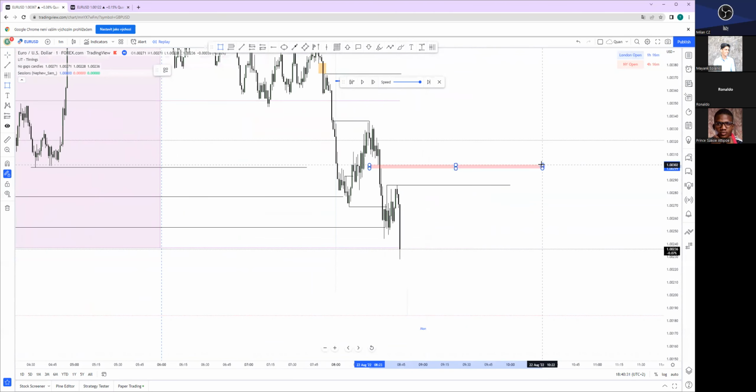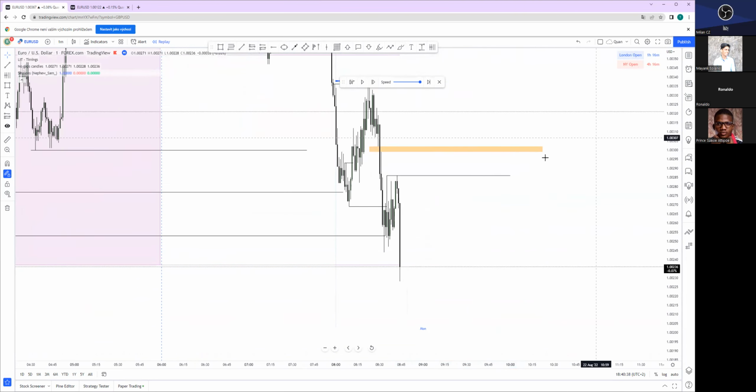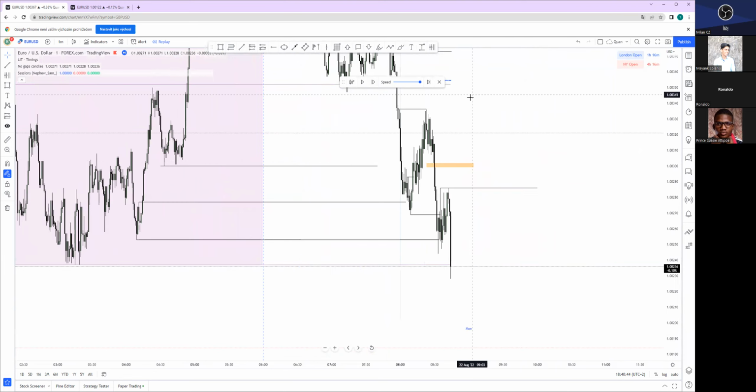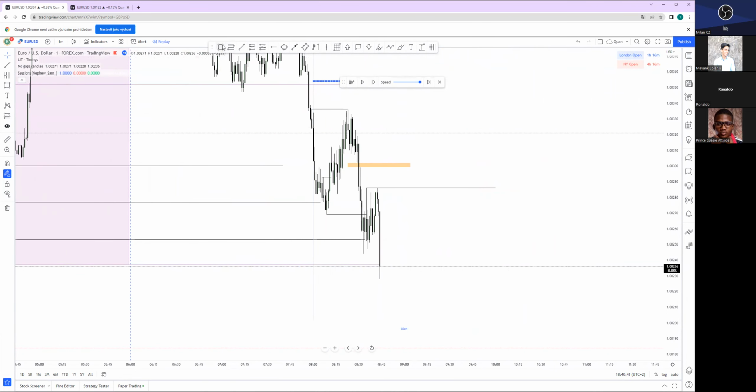IPA. You always seek imbalance in the market. So this can be your POI for a trade, and you can even wait for a confirmation entry, which we'll try to do.